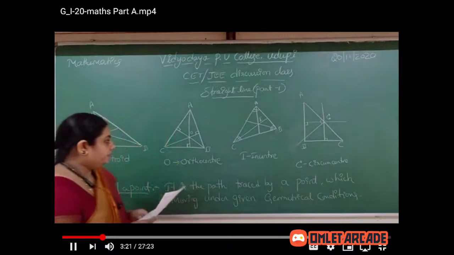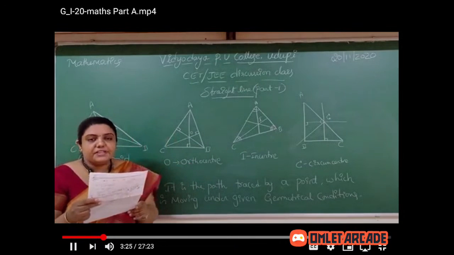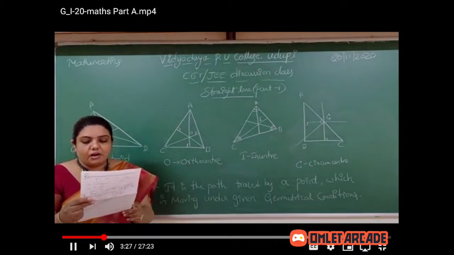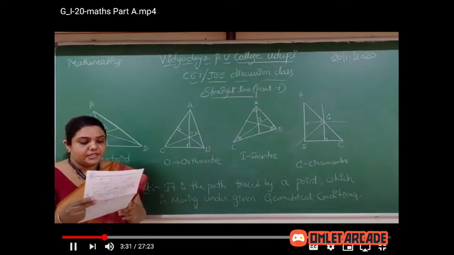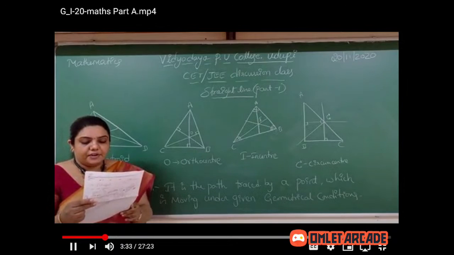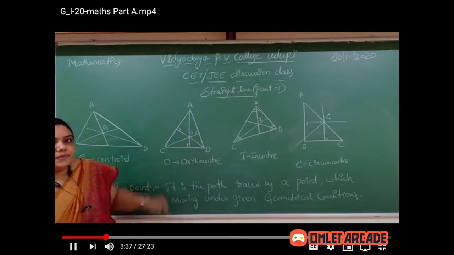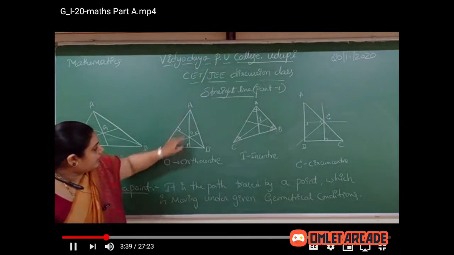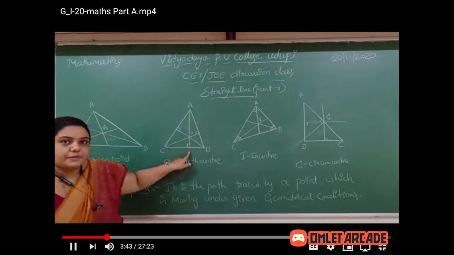Next is the orthocenter. Orthocenter, see the definition. It is the point of intersection of three heights or altitudes of a triangle. Altitudes are nothing but a perpendicular line from one side of the triangle to the opposite vertex. See, this is the height of the triangle ABC if you have taken it in this way, isn't it?